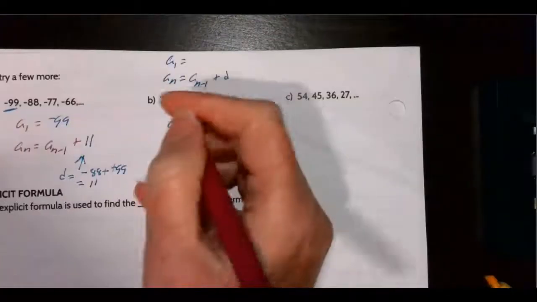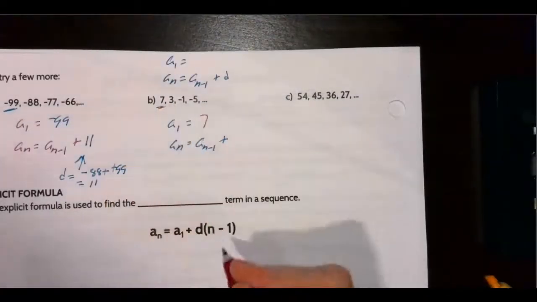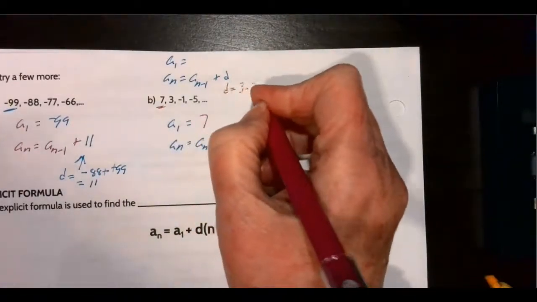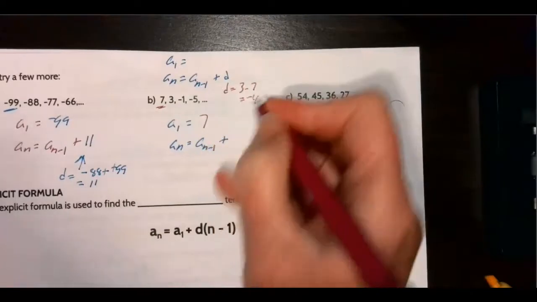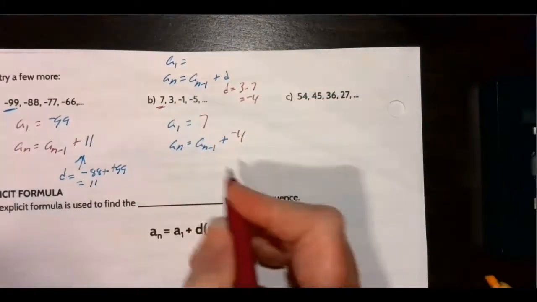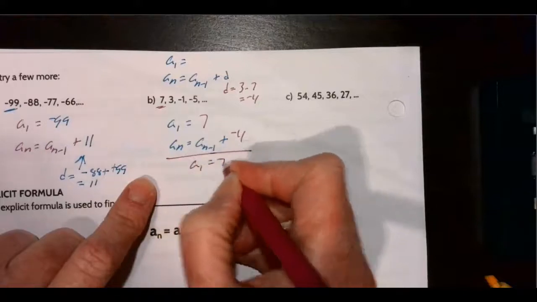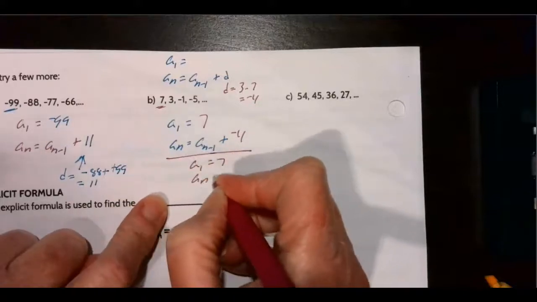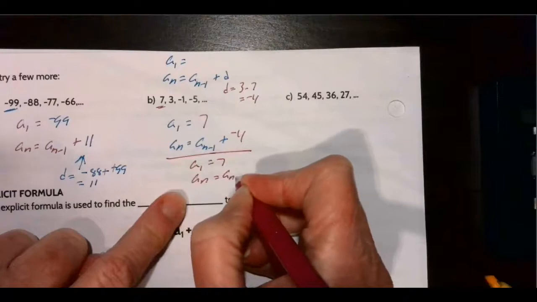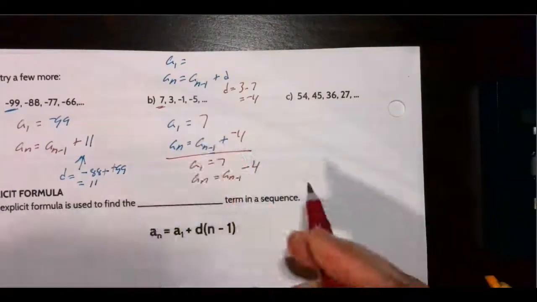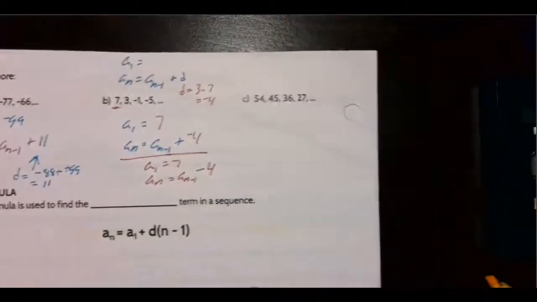So a sub 1, hopefully you wrote down 7. d is 3 minus 7, so that would be negative 4. Now, you might also write this as a sub 1 equals 7, a sub n is equal to a sub n minus 1 minus 4. So you can write that either way. Good. Again, try C. Why don't you just try it?